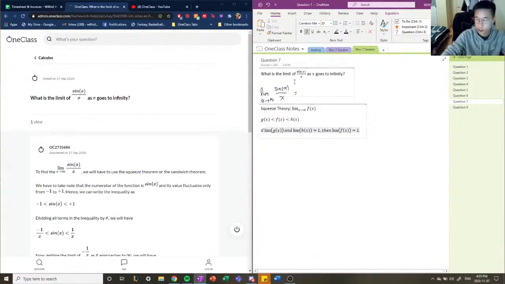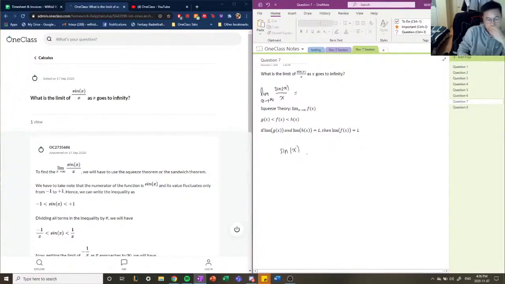Because this is a very complicated limit and we can't just use substitution of infinity, we can't use conjugation, we can't use algebraic properties to try to simplify this limit, okay? So let's try. All right, so let's talk about sine, for example. For one, we know that sine of x is always going to be contained between +1 and -1, right?